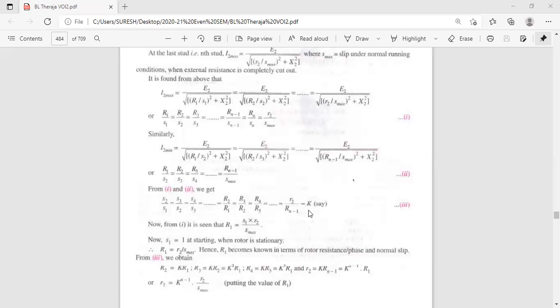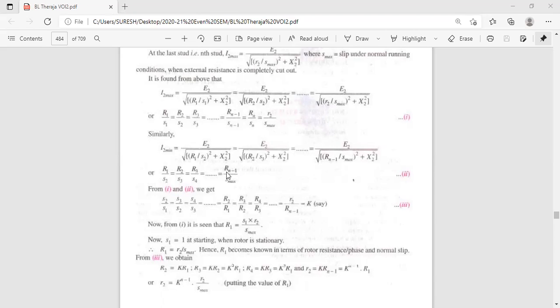Okay. Somewhat complicated this one. Go through this. Up to this clear? Equation 3. Sir, once explain equation 3, sir.